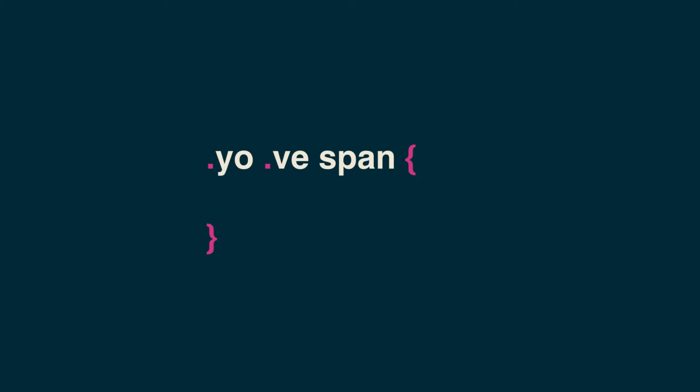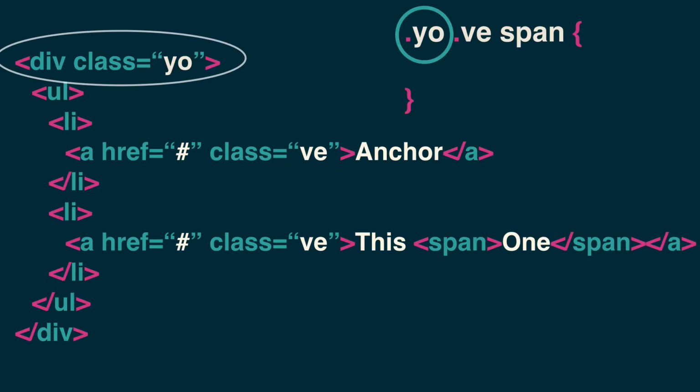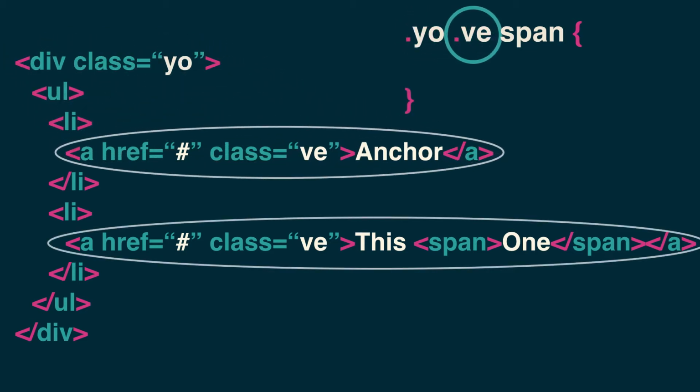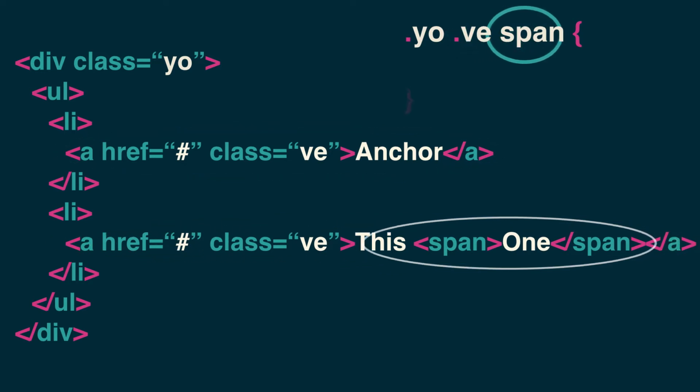You could have had the class Yo, the class VE, and then the span. Within elements of the class Yo, give me the elements that have the class VE, and then the elements that also have a span. There's only one of those, so that's unique.